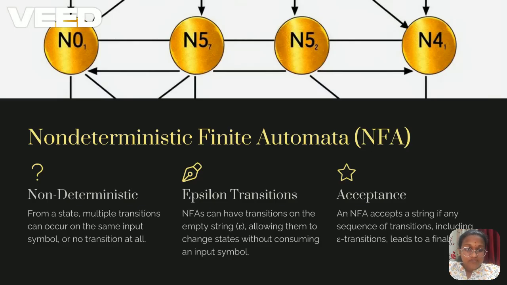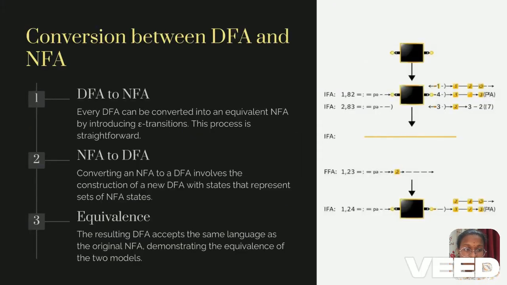And epsilon transition: NFAs can have transitions on the empty string, allowing them to change states without consuming an input symbol. And acceptance: an NFA accepts a string if any sequence of transitions, including epsilon transitions, leads to a final state.